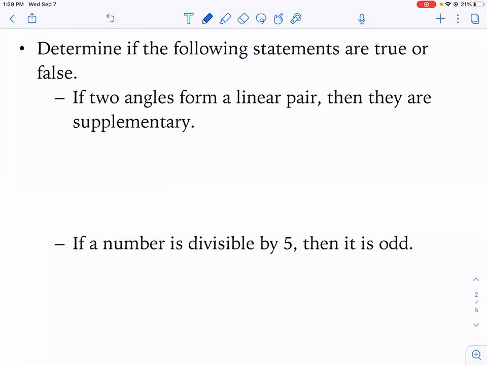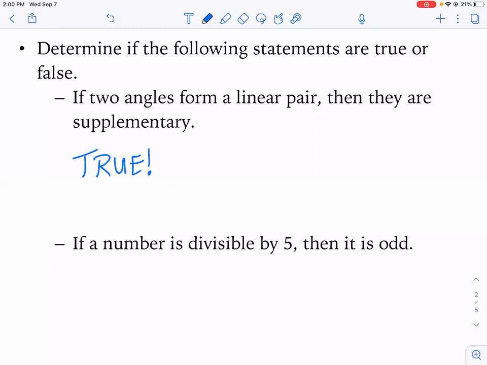Turn to your neighbor and make a decision. Okay, eyes up here. Cohen, why is it true? Because a linear pair is always supplementary. Okay, it's like a part of the definition. A linear pair is always going to be 2 angles that are adjacent that add to 180.